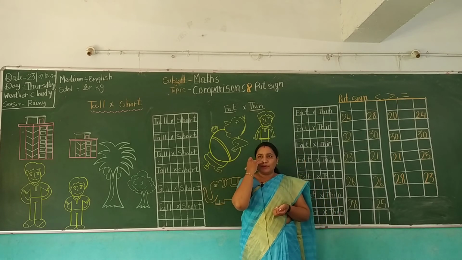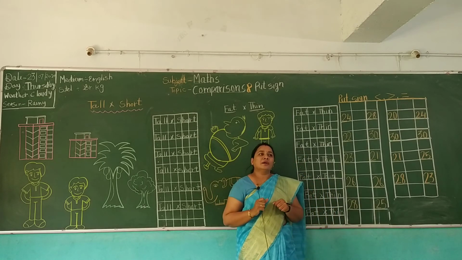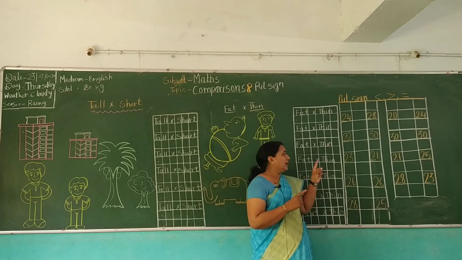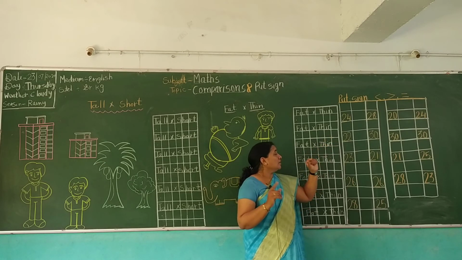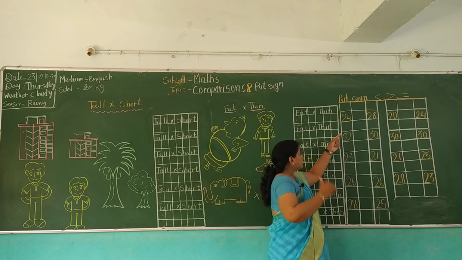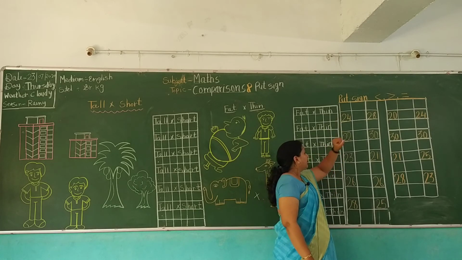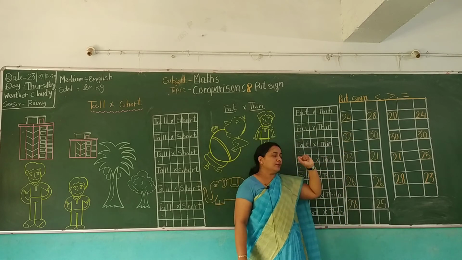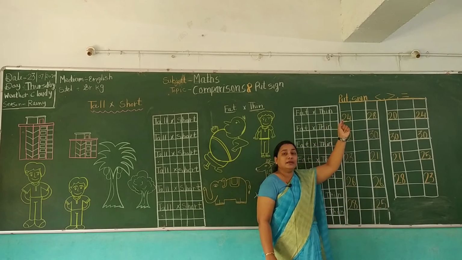So we have given an example with a story, but today I will not tell you a story, only directly we put sign. Okay, so listen carefully and copy down. First, put sign: greater than, less than and equal. Which sign do we use? Greater than, less than and equal.